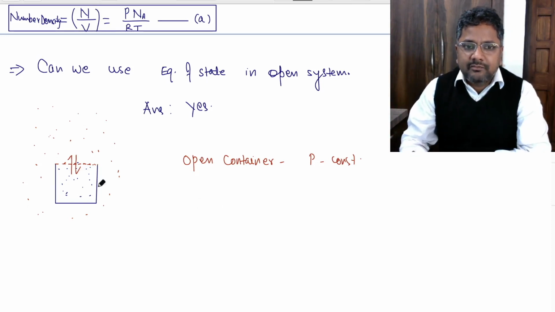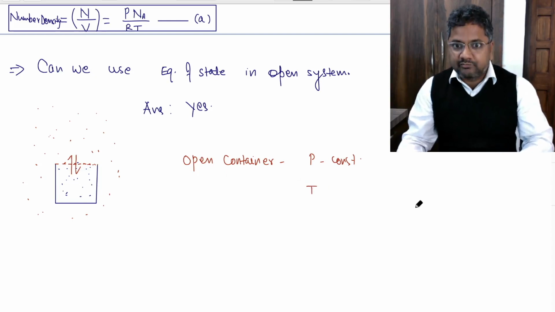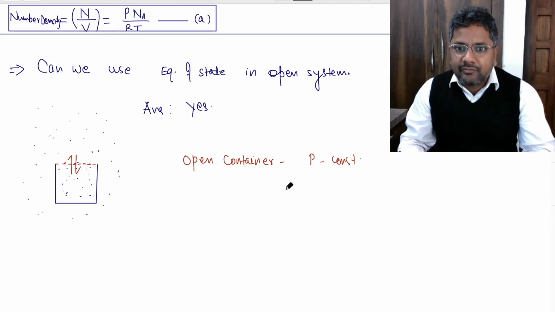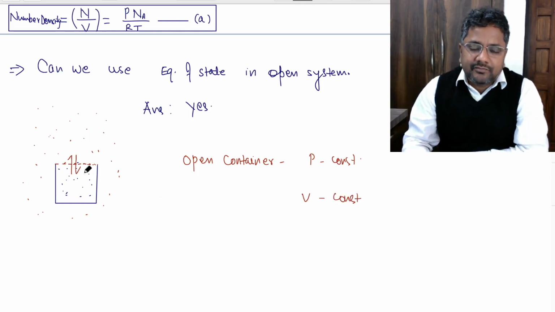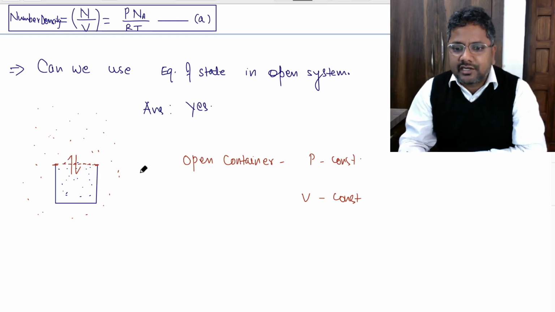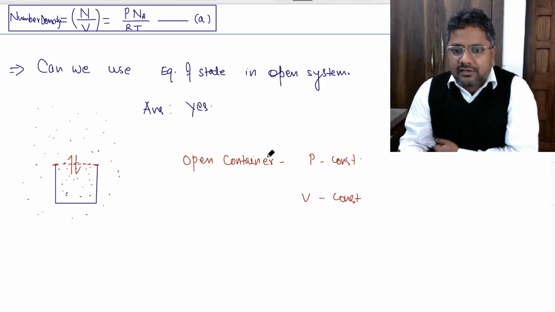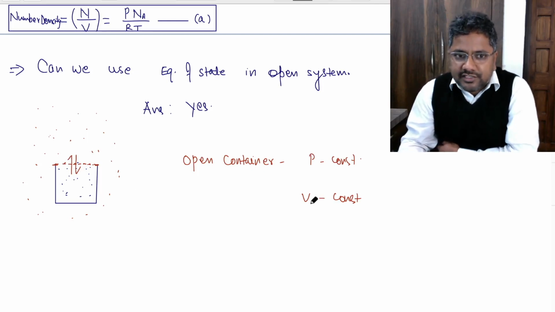And if we maintain the temperature, then temperature is also constant. V is also constant. Why? Because for gases, volume is nothing but the volume of the container. So if a rigid container is there, the volume is constant. So P and V are constant.